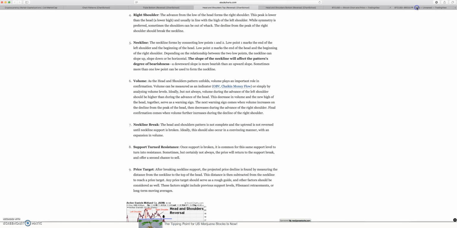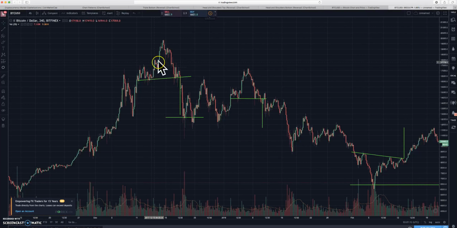Imagine you're sitting right in here: this is our head, this is our left shoulder, and this is our right shoulder. Obviously, the volume coming up to form this left shoulder is higher than the volume coming up on this head. Not in all cases, but you can see some of that pattern forming.